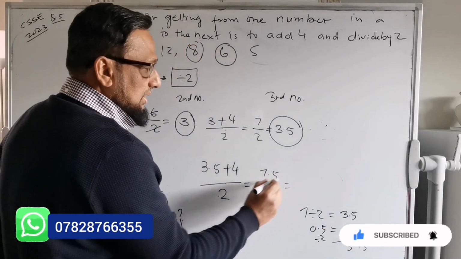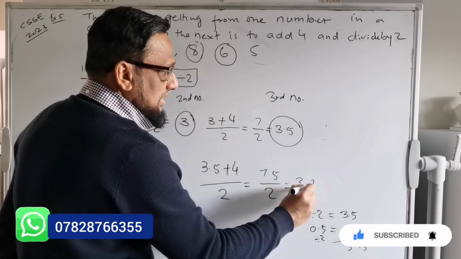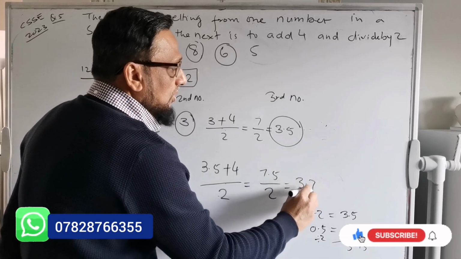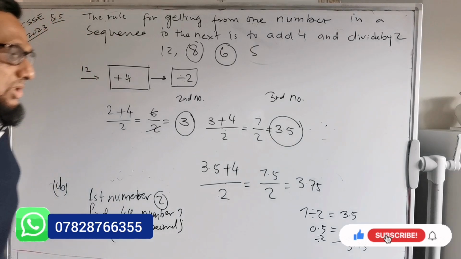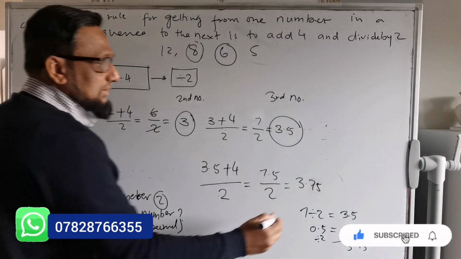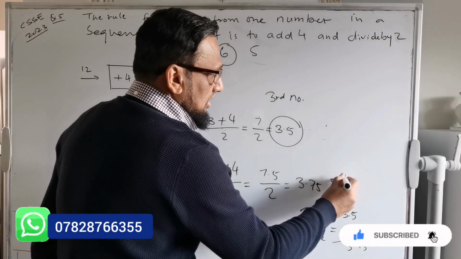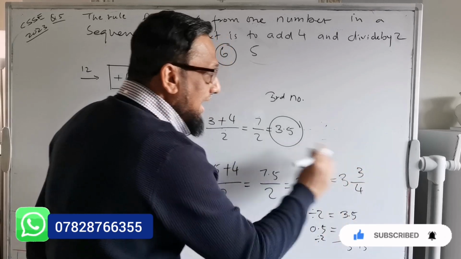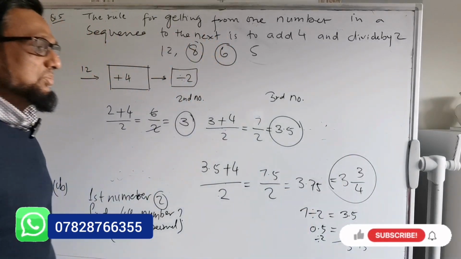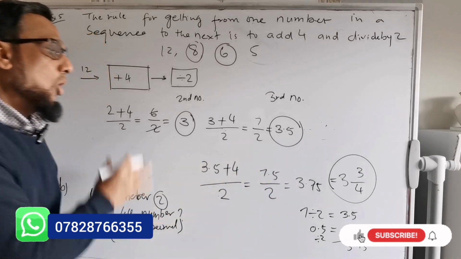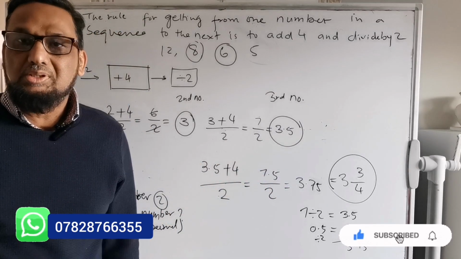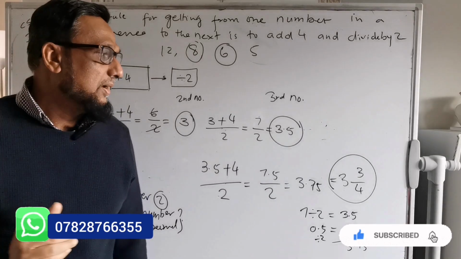So the answer will be 3.75. Or in fraction form, you can write the answer as 3 3/4. Either decimal or mixed number is acceptable. So this is the second part.